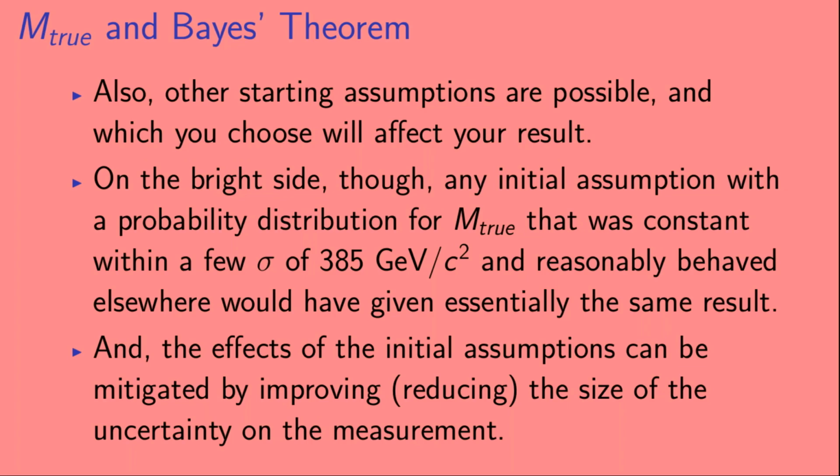On the bright side, though, any initial assumption with a probability distribution for M true that was constant within a few sigma of 385 GeV/c² and reasonably behaved elsewhere would have given essentially the same result. And the effects of the initial assumptions can be mitigated by improving, that means reducing, the size of the uncertainty on the measurement.